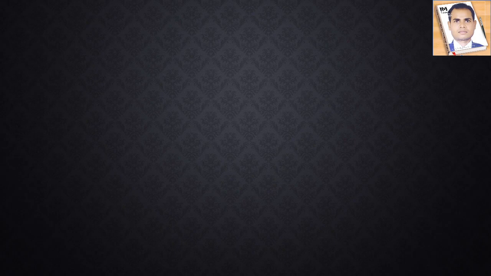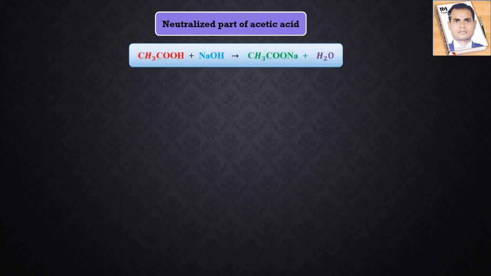Now we have to see the neutralized part. How much is neutralized? You can see the reaction, acetic acid plus NaOH, and in the product there is formation of salt and water.